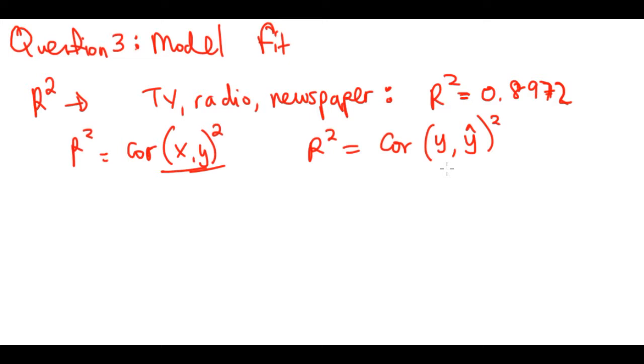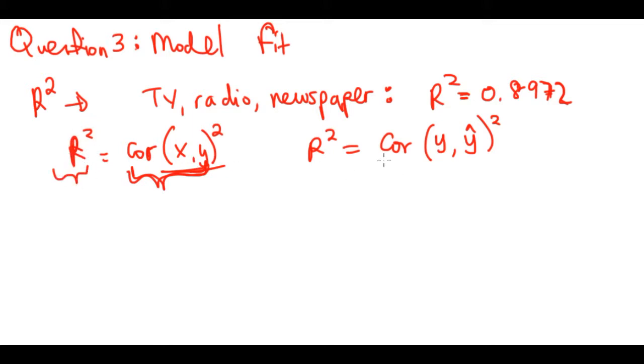Like in the simple linear model, it was trying to maximize the correlation, which is like maximizing R squared. That's the same case here.